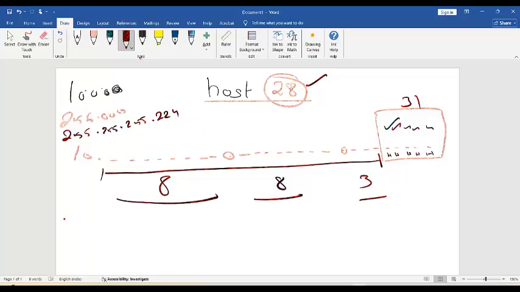Now, what will be the first network? 10.0.0.0/27. 8 plus 8 plus 8 plus 3 is 27.